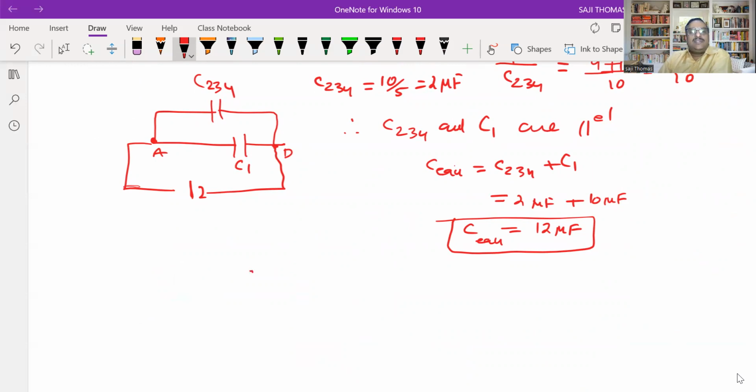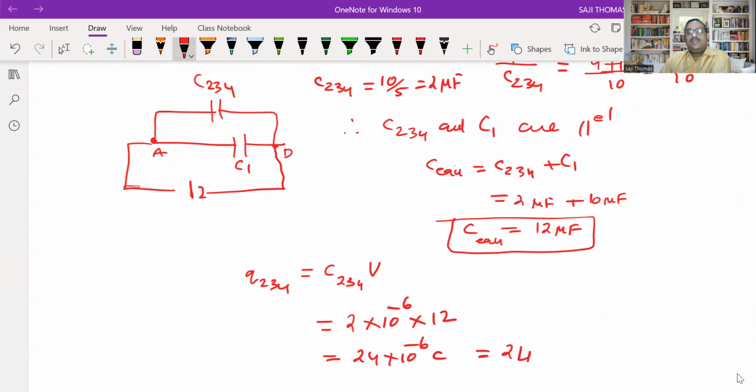So we can write Q234. What is the charge? Q is CV. C234 into V. The potential across C234 is 12 volt. You found C234 as 2 microfarad. 2 into 10 raised to minus 6 into 12. So what are you getting? 24 into 10 raised to minus 6 coulomb, or 24 microcoulomb.